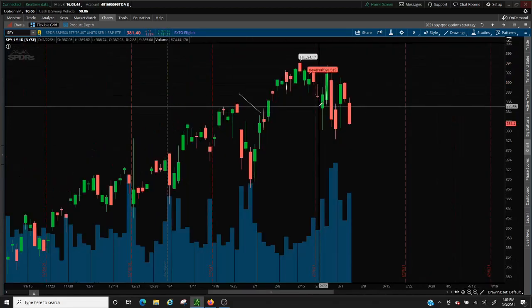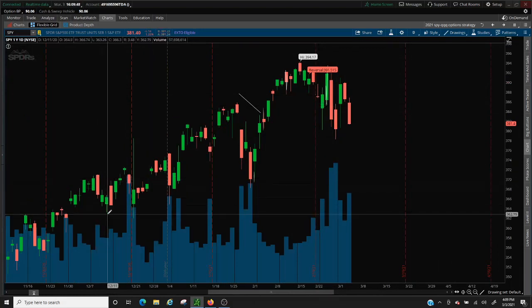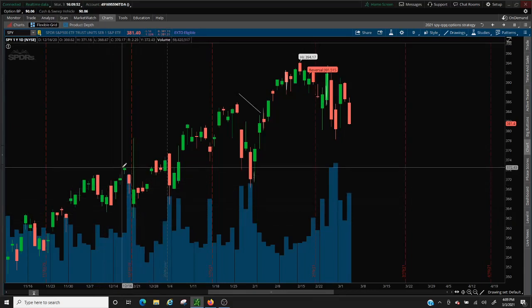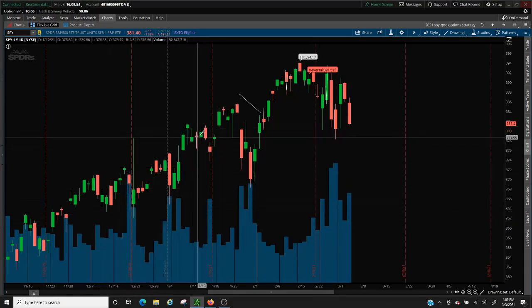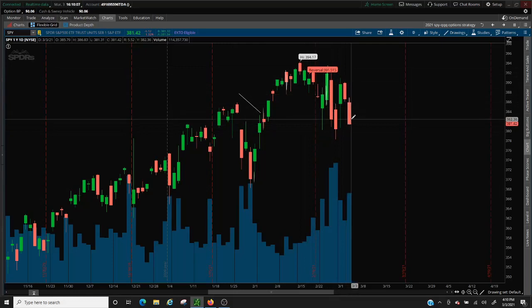If you see here, there are areas where the price went down and the price went up, price went down, price went up, and there are some areas where the price could not go any higher and then it went down, came up, couldn't go any higher, and it went down, came up, couldn't go any higher, went down, came up, went down. That's what we call support and resistance.